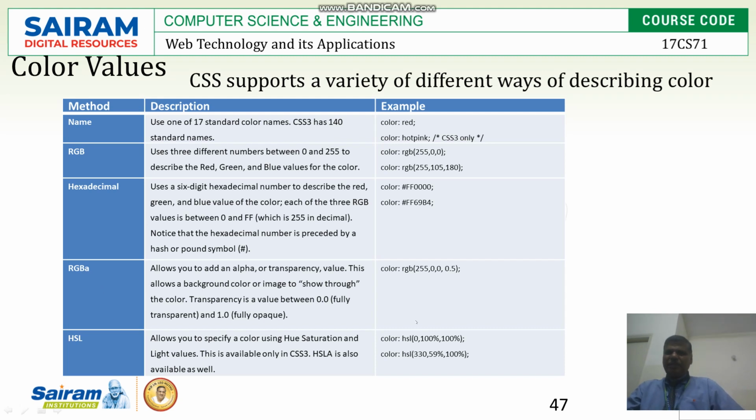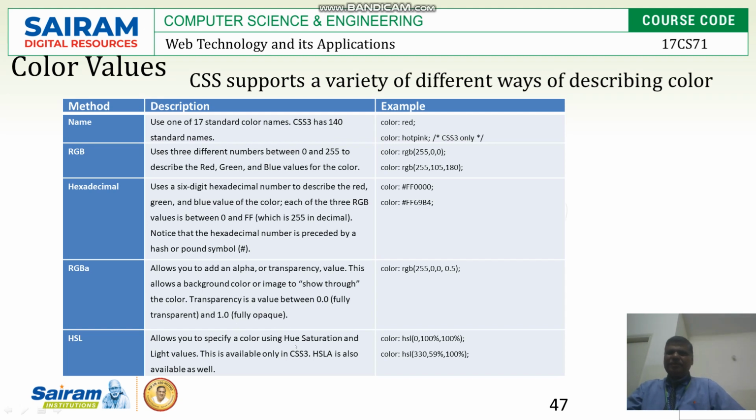RGBA adds a fourth element, the transparency, between 0.0 and 1.0, going from very light to dark. That format is present here.